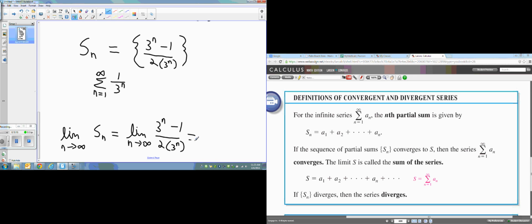And by L'Hopital's rule, we see that this limit is equal to 1/2. So we found out that not only does this series converge, but the sum of this series is 1/2. All right, so there you have it.